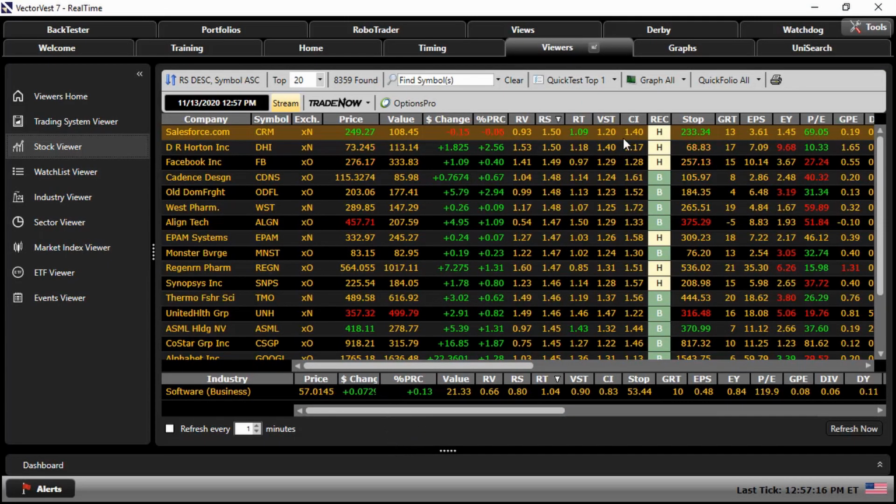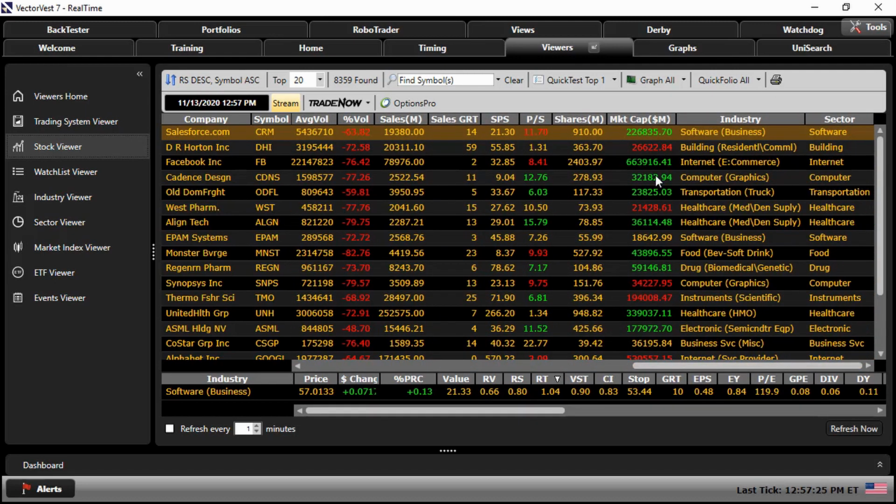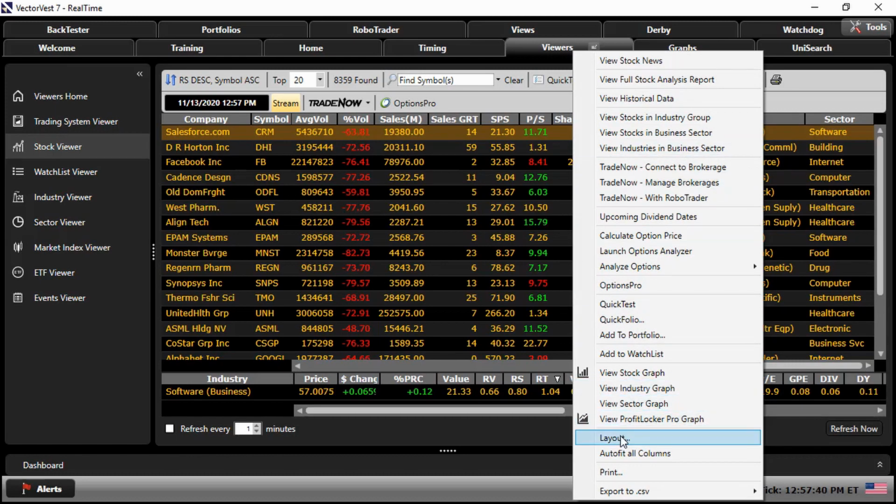Now, notice that my CI is here. CI is normally all the way at the end of the table, all the way over here. There's two ways to move it over. One, I can simply highlight it, left click on it, hold it down, and now I'm able to move any column anywhere I want. Or number two, if I right click on any stock, I can go down to layout.